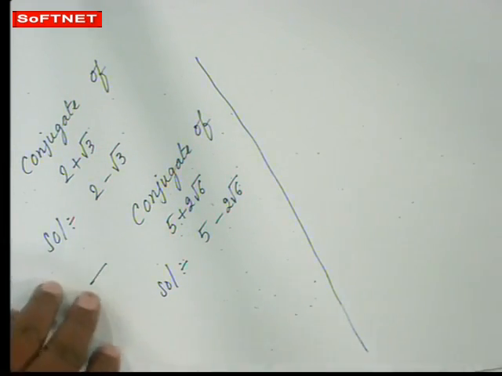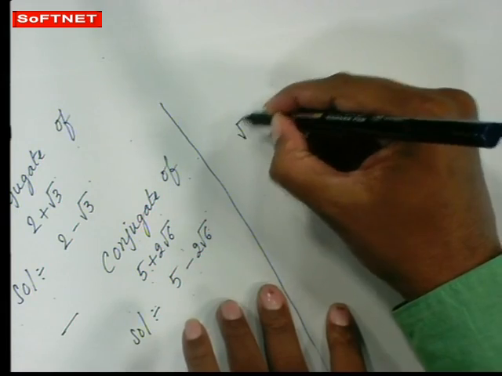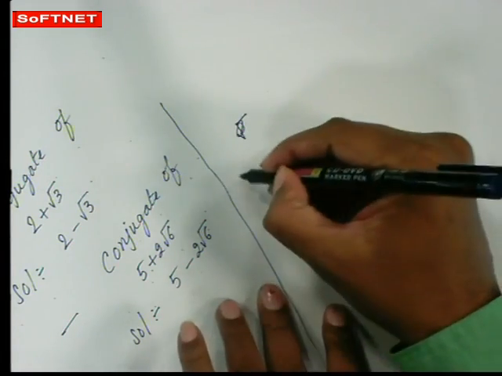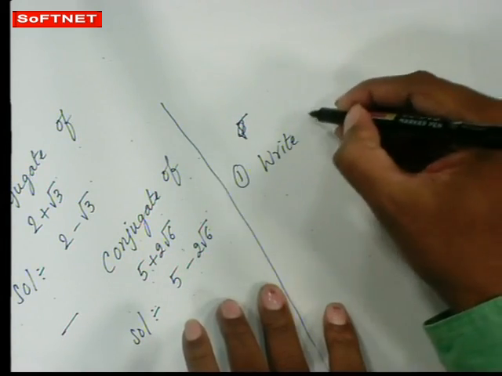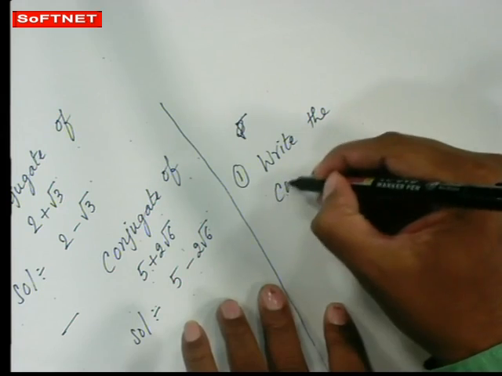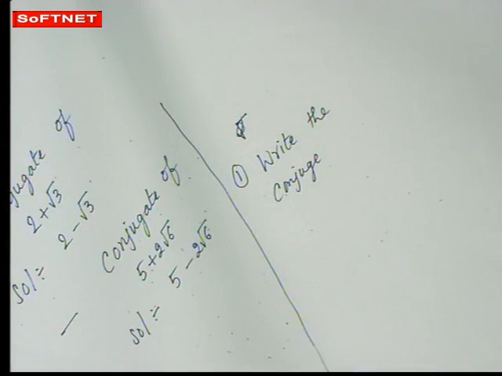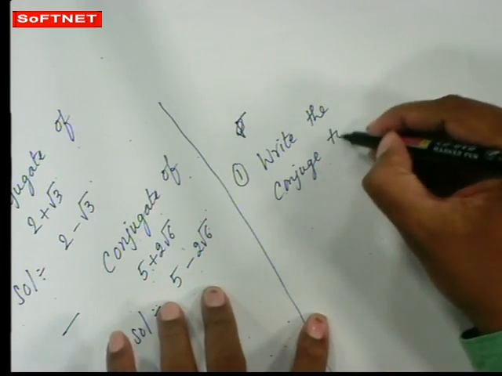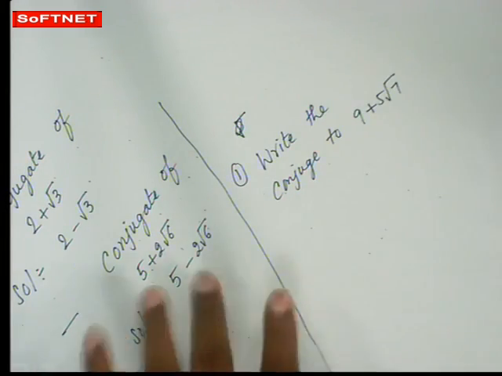Now write the conjugate to 9 plus 5 root 7.